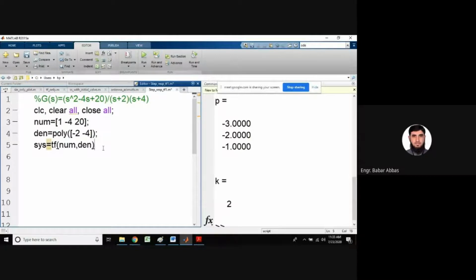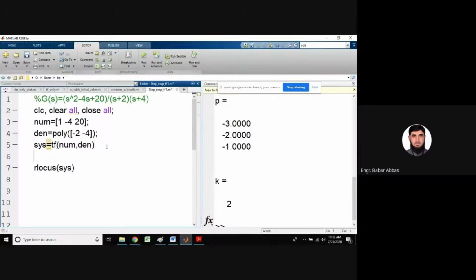And similarly, we can find the root locus, rlocus, of the transfer function. So we will write the command rlocus(sys).